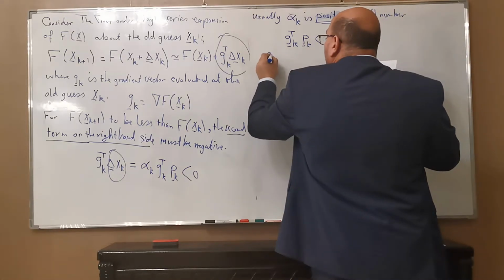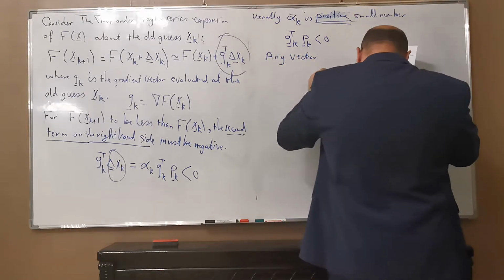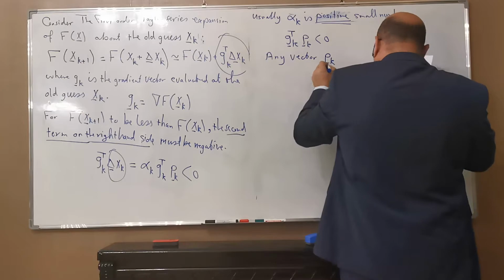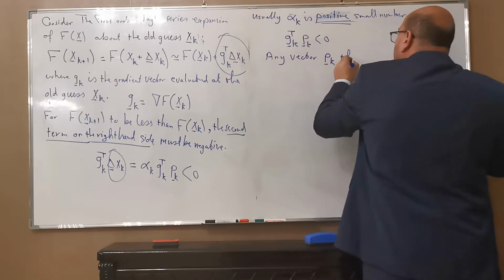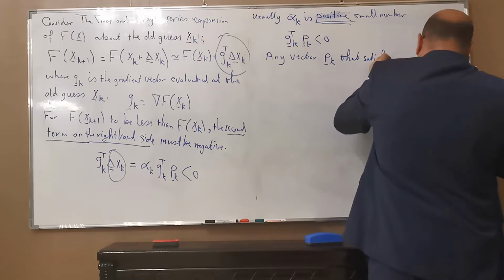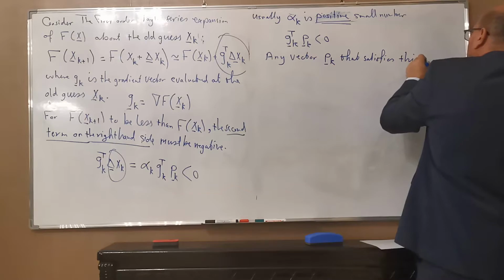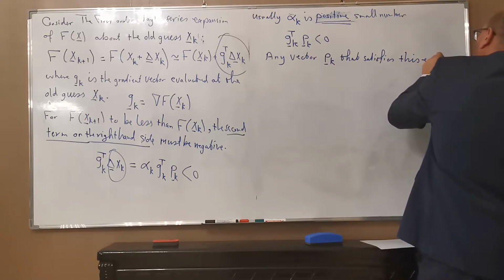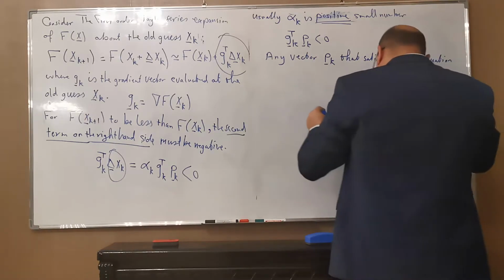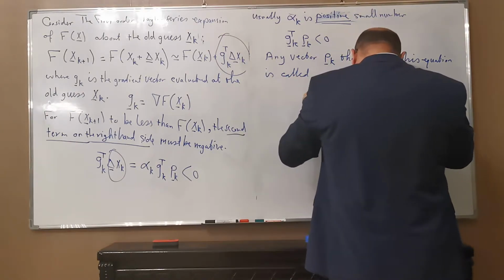So any vector pk that satisfies this equation is called descent.